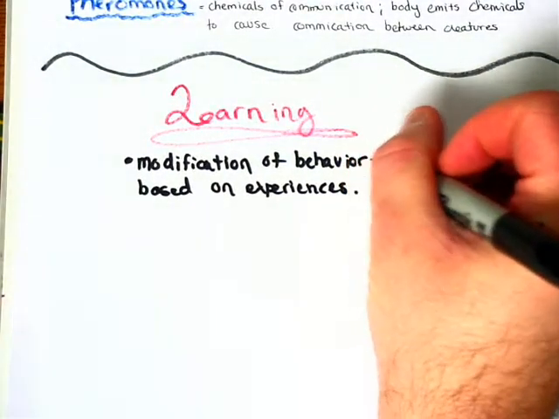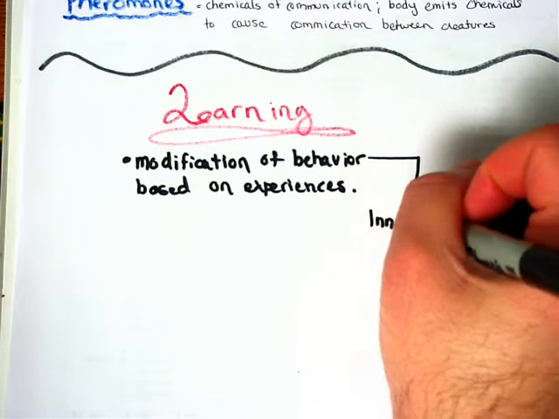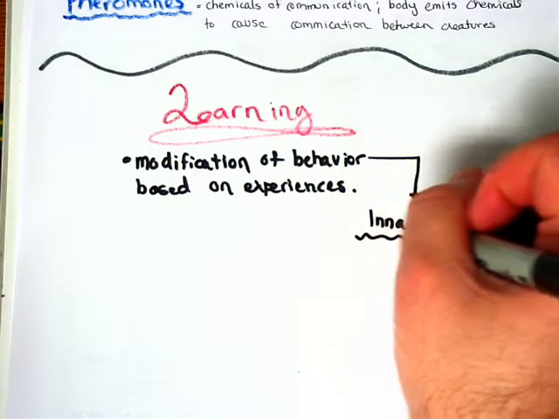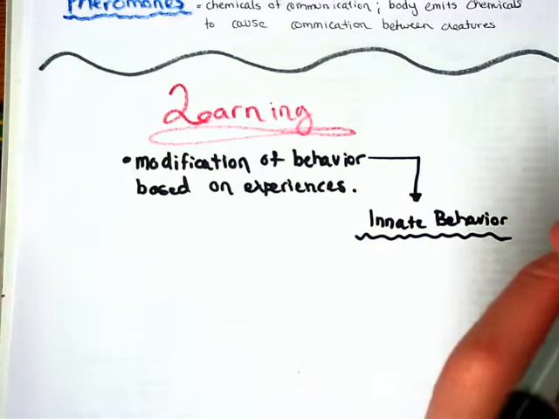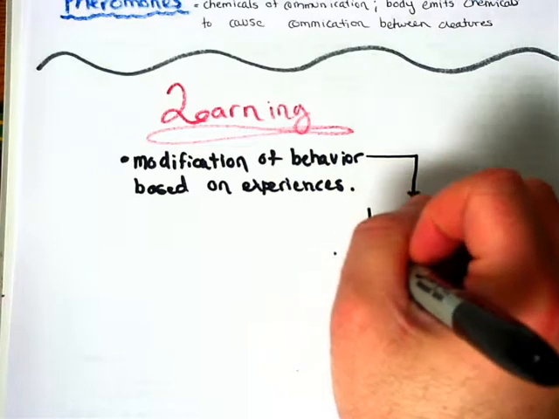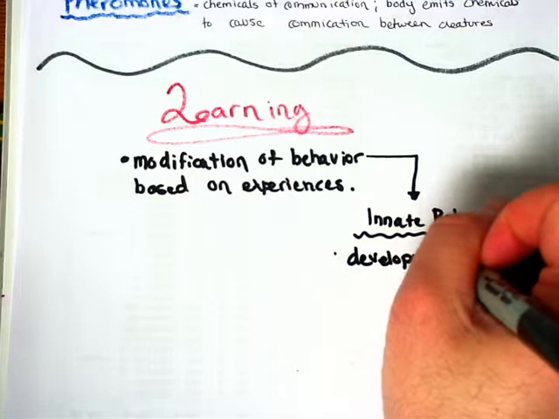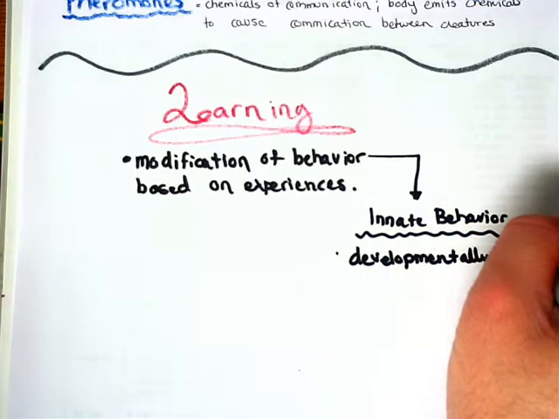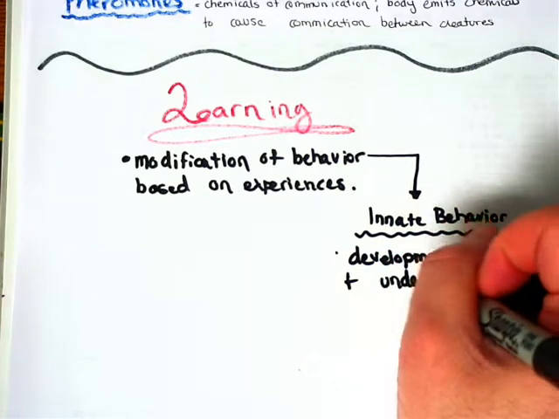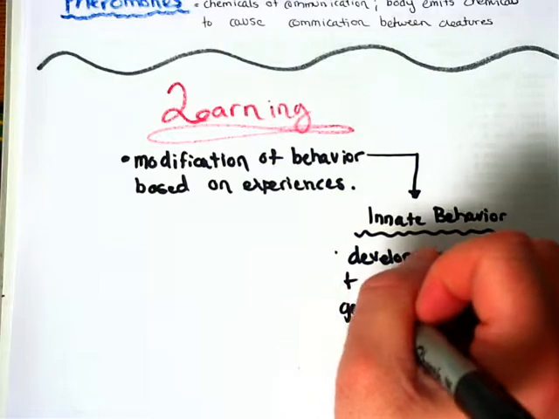Now there's multiple types of behavior, but I want to talk about one real quick, and I want to talk about what innate behavior is. Innate behavior is basically a behavior that is developmentally fixed and under strong genetic influence.